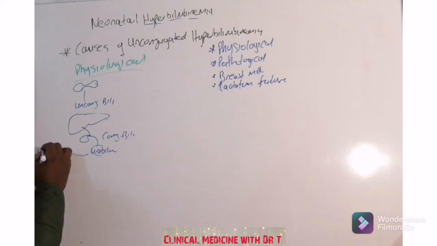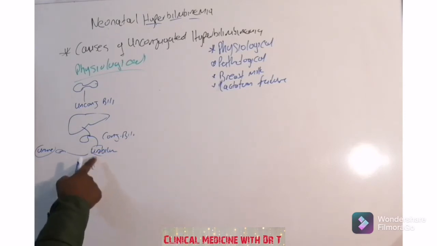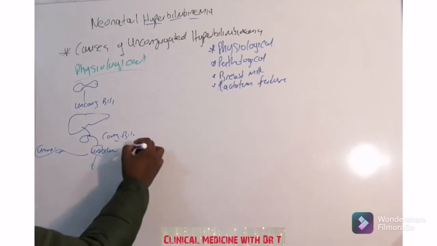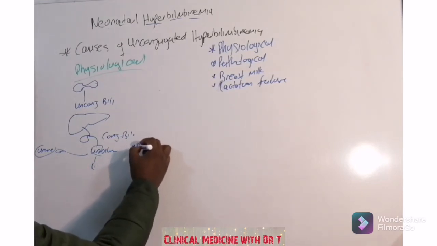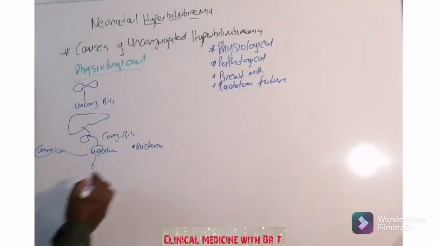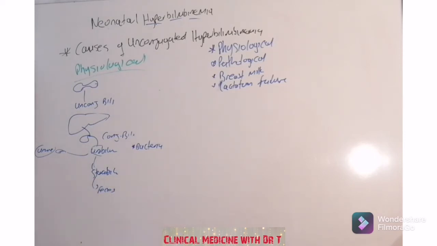This part of this also goes and is excreted in the urine. The bacteria come in again and convert this. Pay attention to that. I said bacteria, normal flora. They convert urobilin into stercobilin. Stercobilin is excreted in the feces, right?